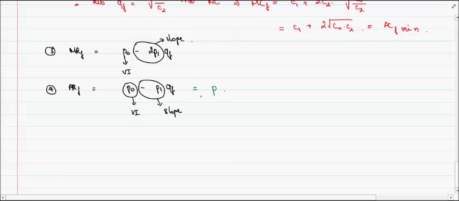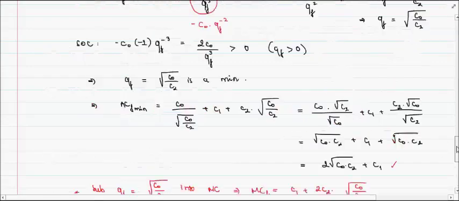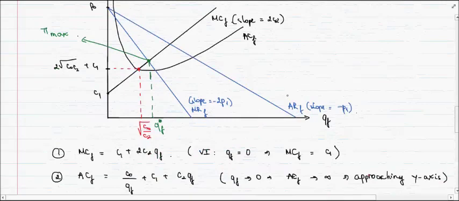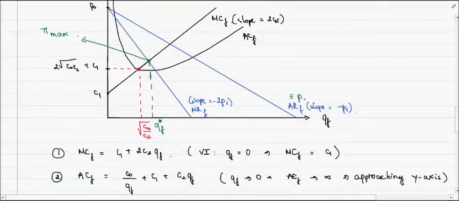So the average revenue is basically just the price curve, the same as the demand curve, which is telling you about the price. Therefore, in order to find the optimal price, you just have to go all the way up to the average revenue curve at this quantity, and this is the optimal price that is maximizing the profit for the firm, P star.